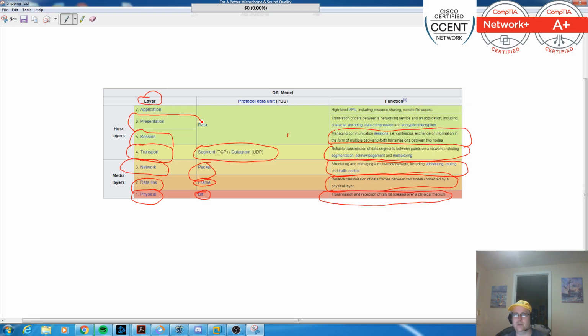So we got 6 here, which is the presentation layer. Of course, it's data also. We're going to go ahead and circle it, and then we're going to go over it. So it is the translation of data between a networking service and an application, including character coding or encoding, data compression, and encryption/decryption.